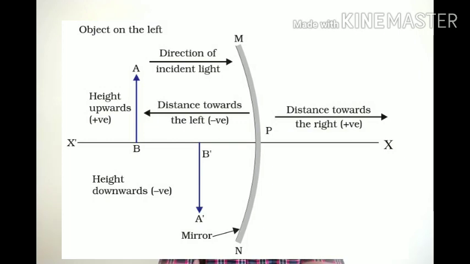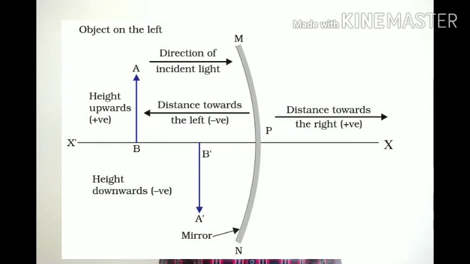So the first rule in the Cartesian sign convention is the object is always placed to the left of the mirror. Whether it is a concave mirror or convex mirror, the object should always be placed to the left side of the mirror. So that is the first rule. Next, the pole of the mirror will be considered as our origin.